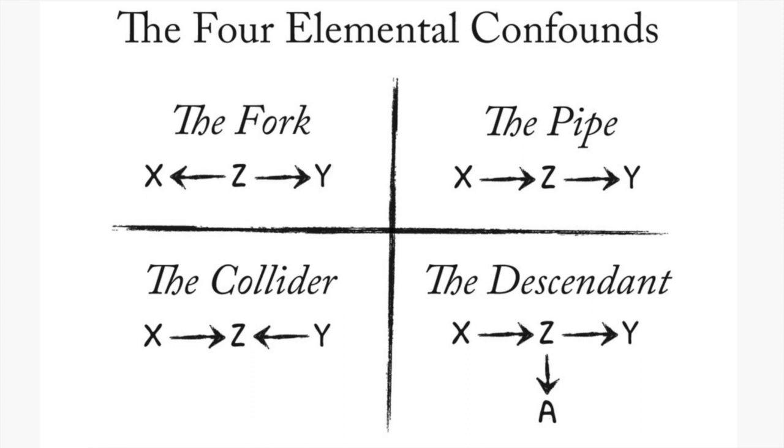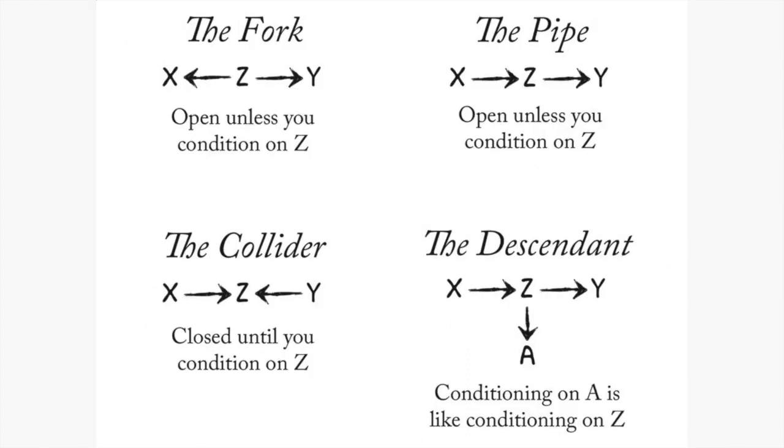If we have the fork, the pipe, the collider, or the descendant, this informs us of what we should do with this other variable, this variable z. When we have the fork, you need to condition on z. So you want to close other opportunities, essentially.